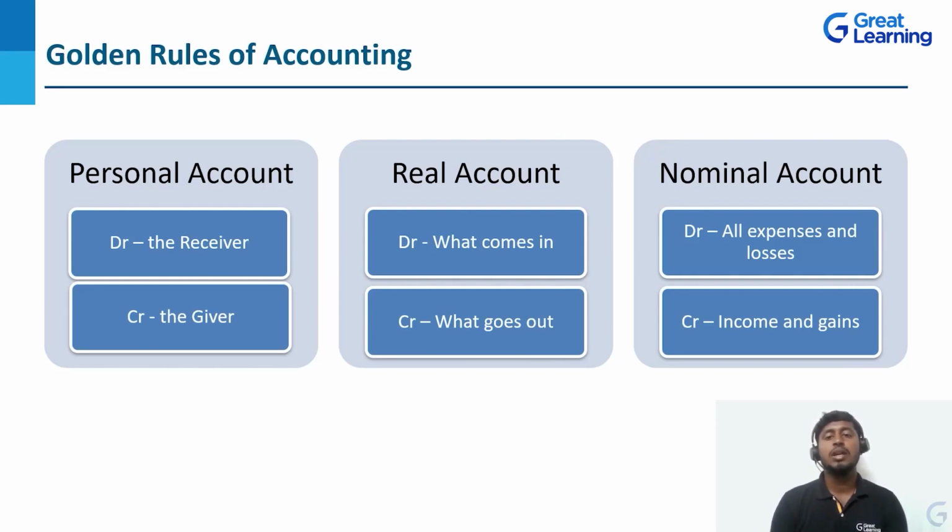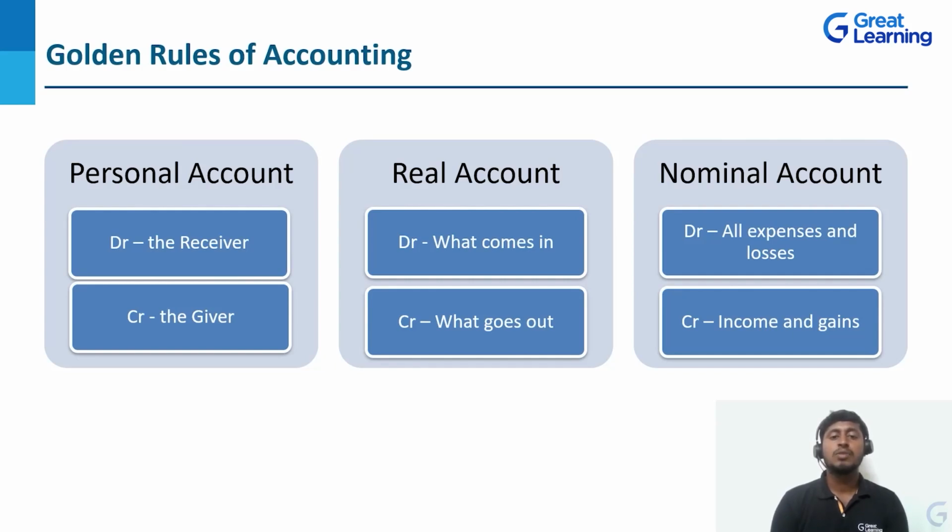All this comes under the debit. And credit, all your income and gains. Whatever the sales or whatever we are going to receive, commission, interest, rent, all this comes under the credit side. So debit all expenses and losses, credit all income and gain as per the nominal account rule.